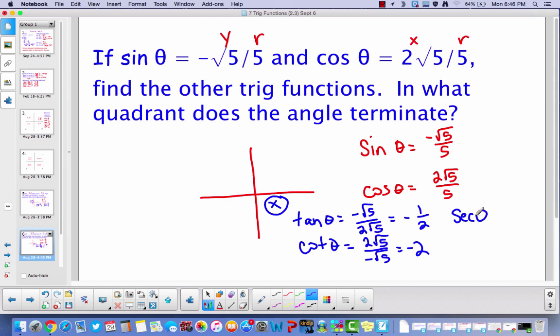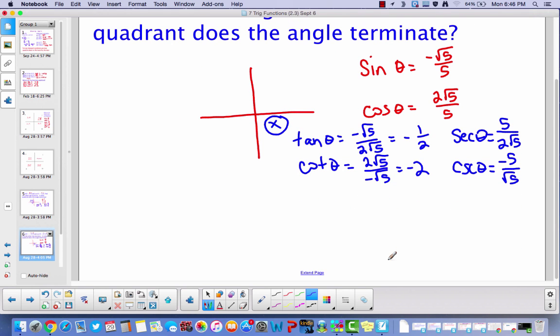Secant of theta is the reciprocal of cosine. So that is 5 over 2 times the square root of 5. Cosecant of theta is the reciprocal of this. So it's -5 over the square root of 5. Now we should rationalize both of those. If we rationalize secant of theta, we multiply top and bottom by the square root of 5.